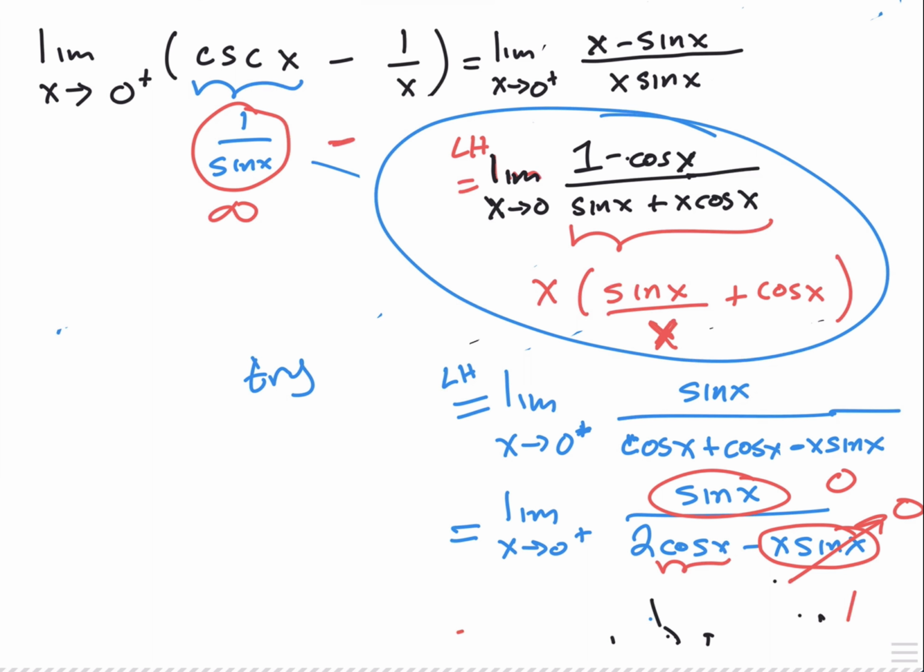But notice what's cosine of 0? 1, right? So this is different than what we had before. This is 0 divided by 2. Is that indeterminate? Nope, that's just 0, right? Why is x sine of x going towards 0? Because x goes to 0, and sine of x goes to 0 too.